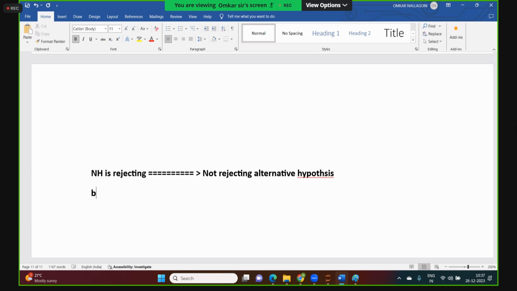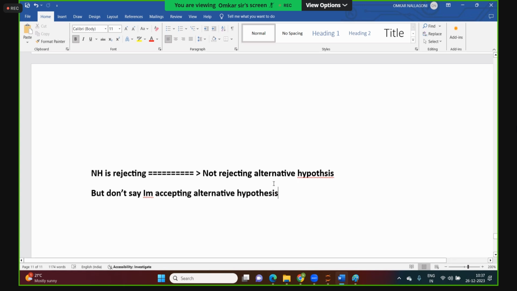But don't say I am accepting the alternative hypothesis. Don't say that. You need to say not reject. So calculation wise there is no difficulty. Everyone understood it is accept or reject now.